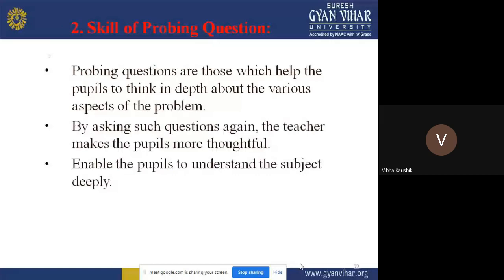Probing questions are those which help the people to think in depth about the various aspects of the problem. Probing questions are a technique which can be used by the teacher to know how much the pupil have knowledge about a particular concept. By asking some questions again, the teacher makes the pupil more thoughtful.